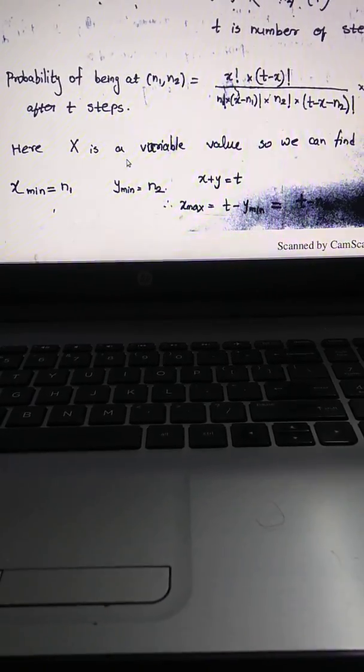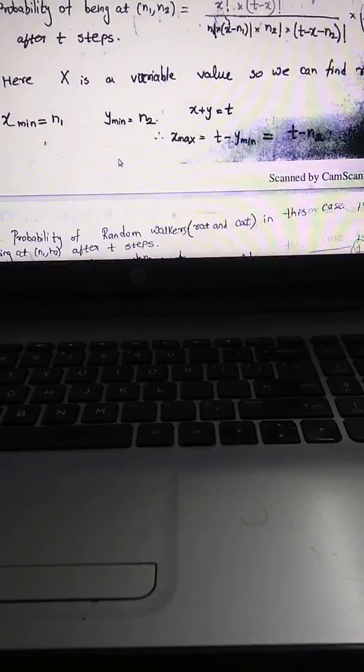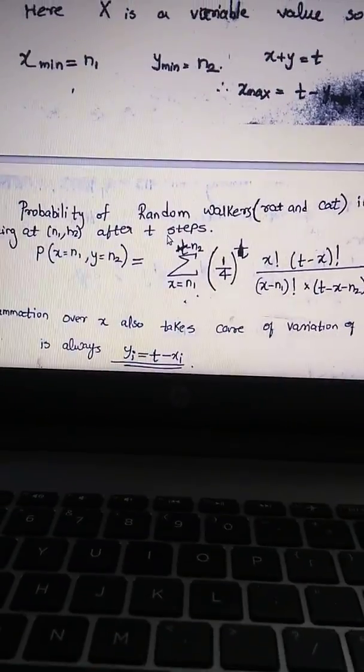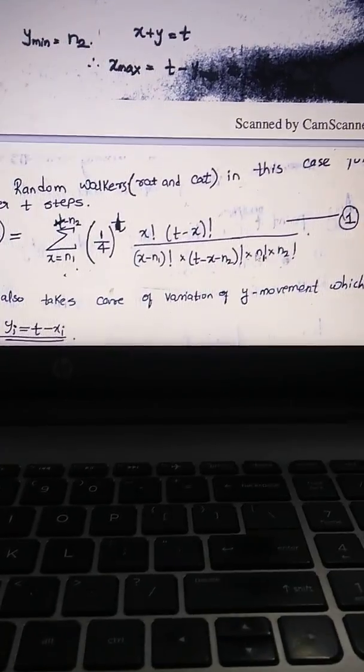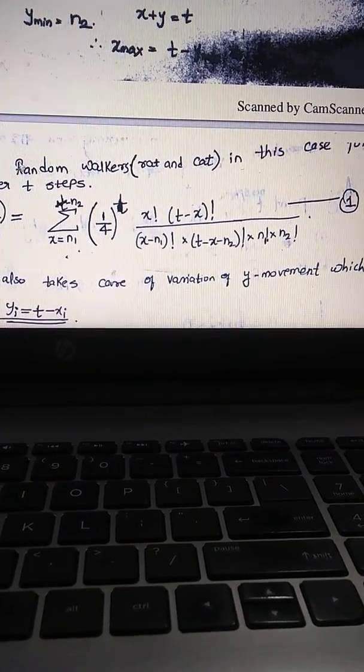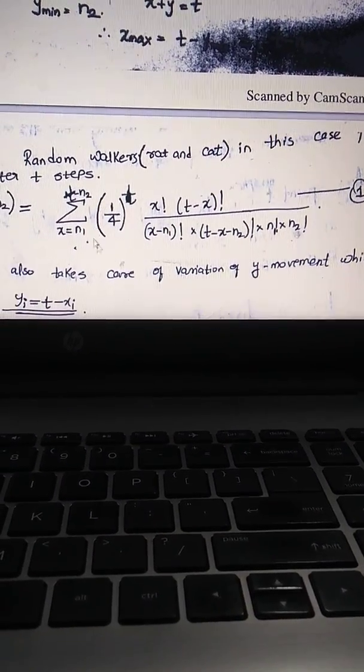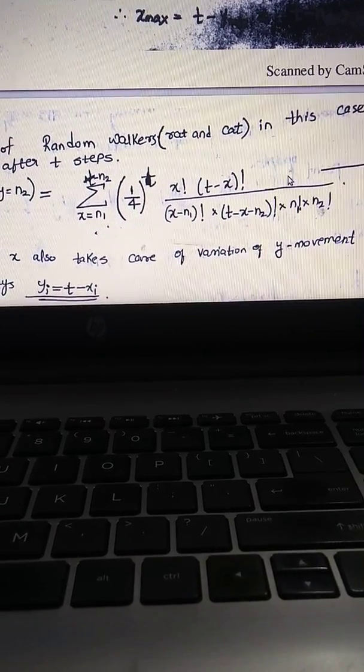We know that x plus y is t, the total number of steps, so x max would be t minus y min, which is equal to t minus n2. So the probability of the random walk of the rat and cat meeting at n1, n2 after t steps would be this whole expression. I just inputted the values in the formula, and we have this expression.